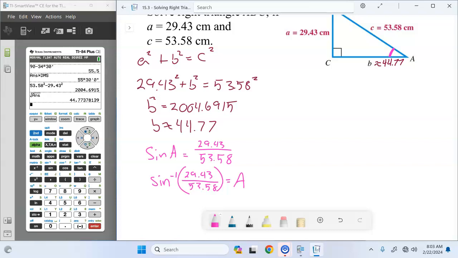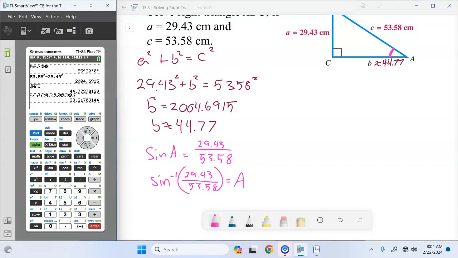And so right above our sine, our cosine, and tangent on our calculator, you see in the blue text, sine to the -1, cosine to the -1, tangent to the -1. Those are our inverse functions. We use those when we want to find the measure of the angle. If we don't know the measure of the angle, we'll use our inverse sine with the ratio 29.43 divided by 53.58.